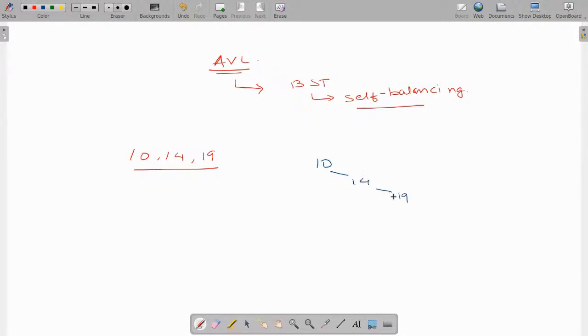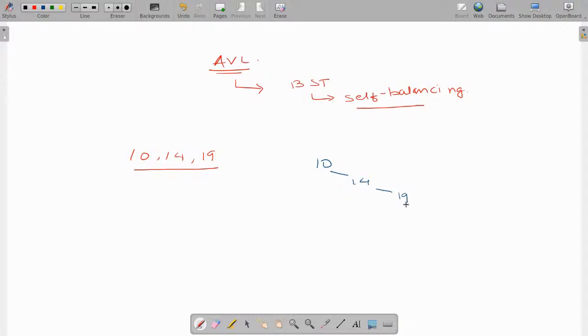This is a binary search tree. Why? Because all the left children are null. But is this a balanced binary tree? No, because the left child length is nothing and the right child length is 2 here. Sorry, 1 here. So this is not a balanced binary search tree.